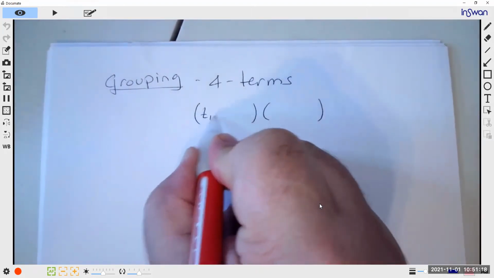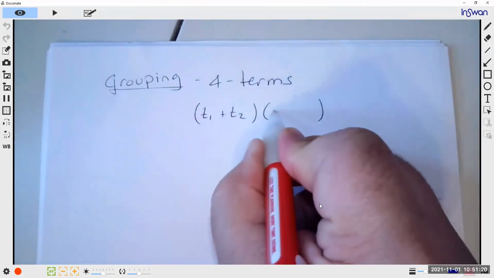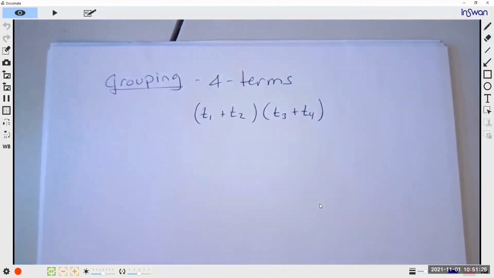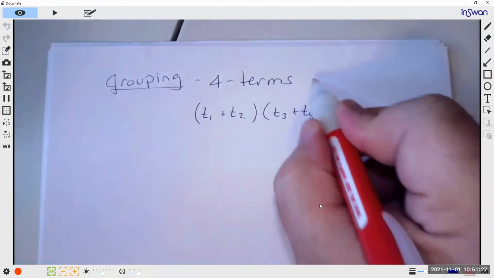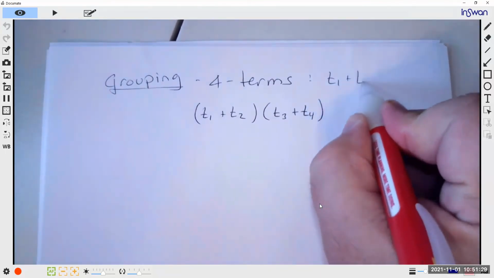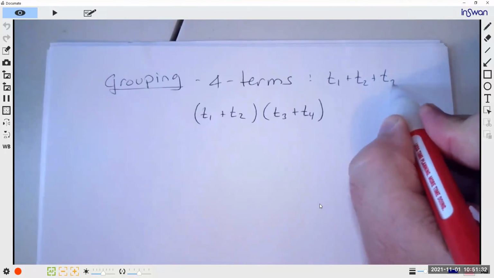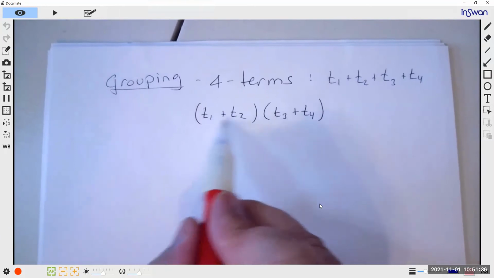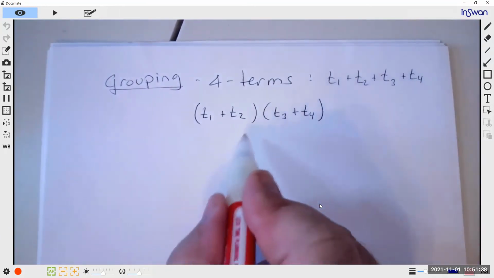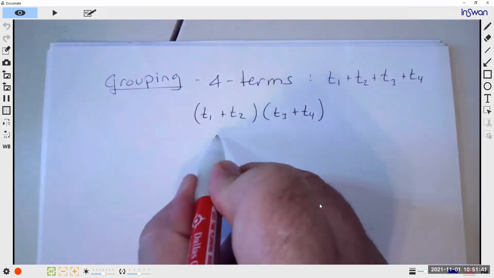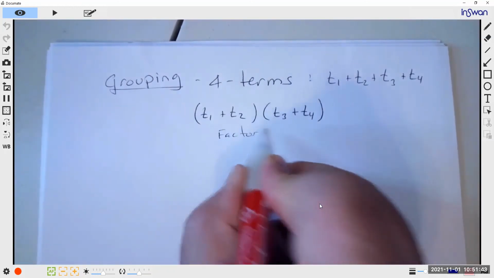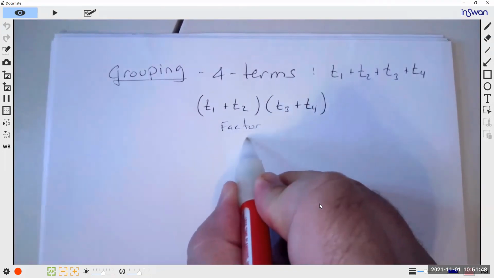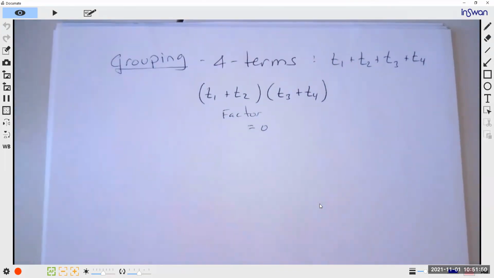So here's term 1, term 2, term 3, term 4. So there's your 4 terms. So you pair them up and you factor them out from there. And then set equals 0. Let's see what that means.